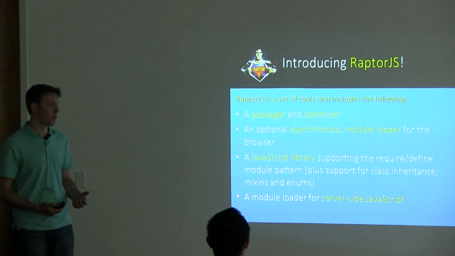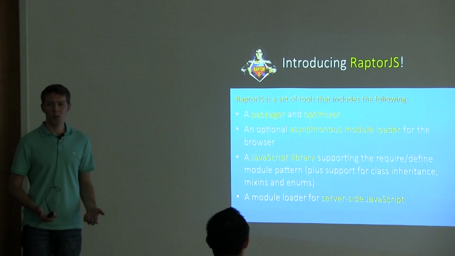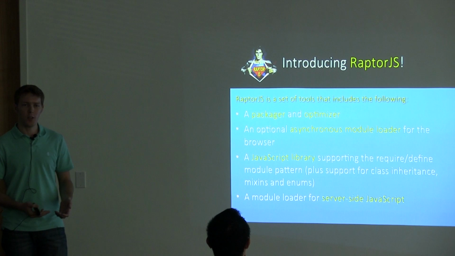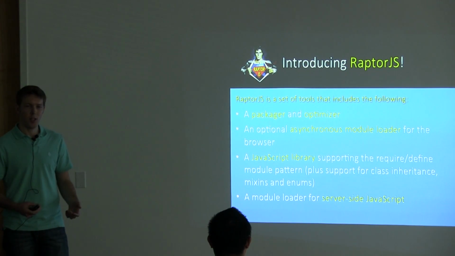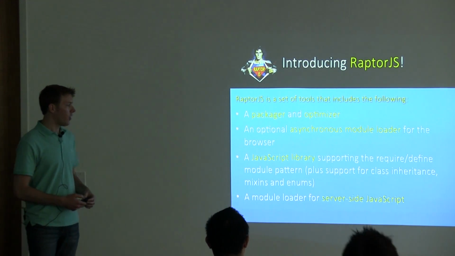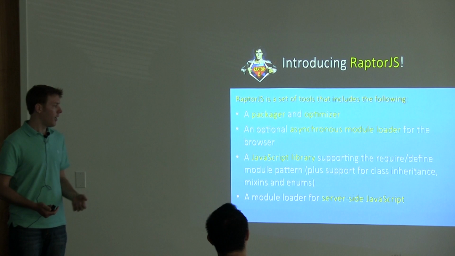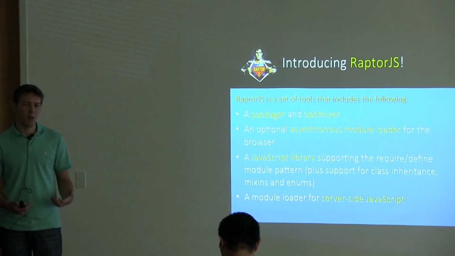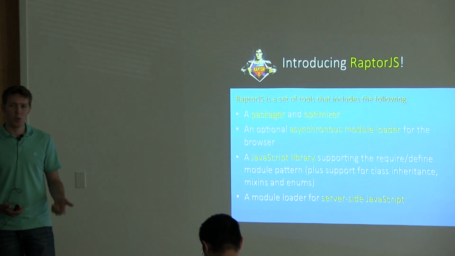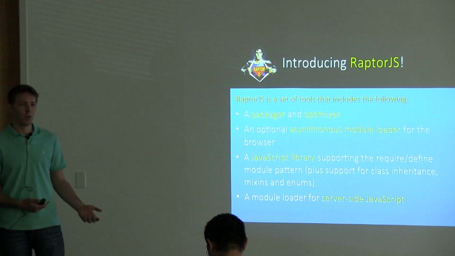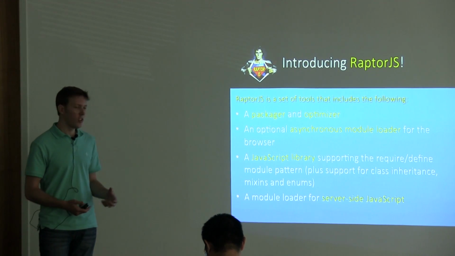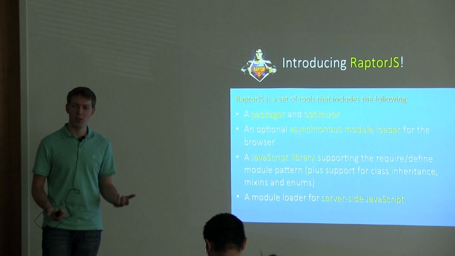Most of you, I'm sure, if you've created applications, have to load code after the initial page is already loaded, so you want a way to include additional CSS and JavaScript code into your application. It also has a really tiny JavaScript library that makes it easy to define modules, supporting the require and define module pattern, and it also makes it easy to create classes with inheritance. It also supports mix-ins and enums, things you're used to if you're doing object-oriented programming.